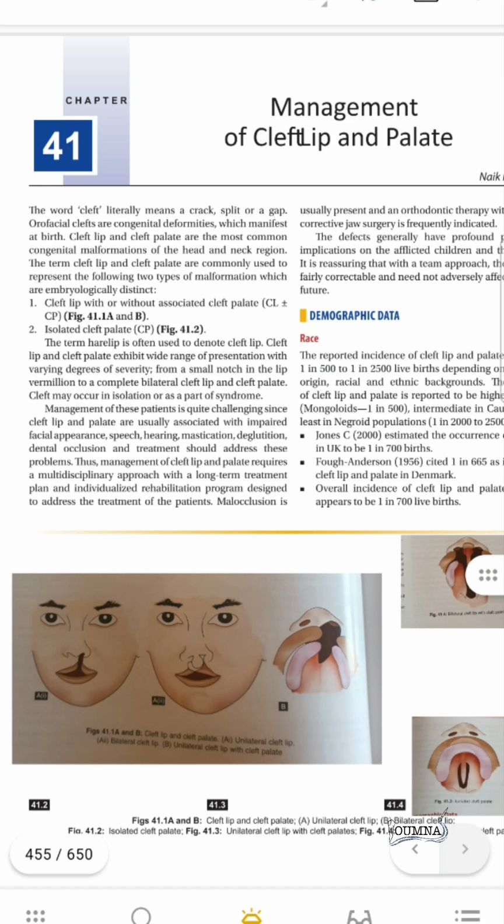Cleft lip and palate can be associated with each other or can be separated. So we may have cleft lip with or without cleft palate, and we may have an isolated cleft palate on its own. It can be unilateral or bilateral.